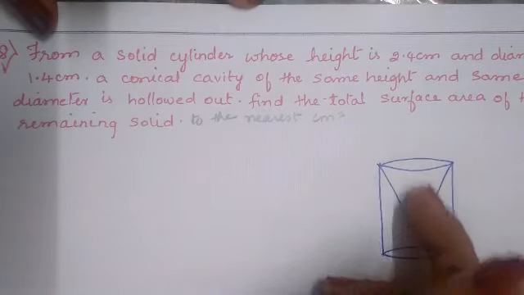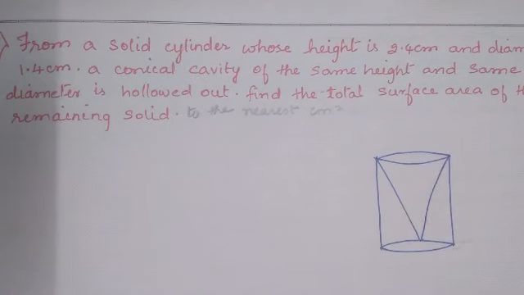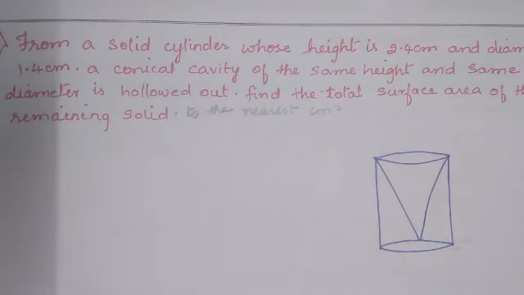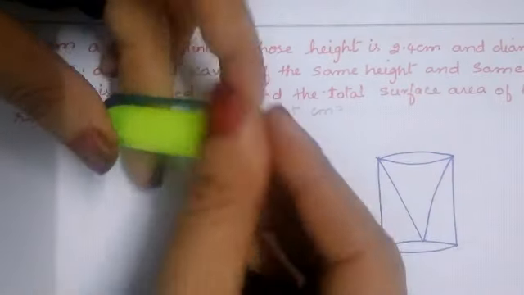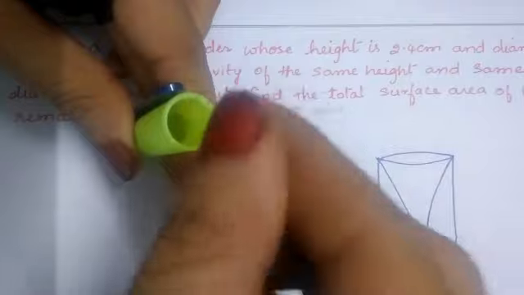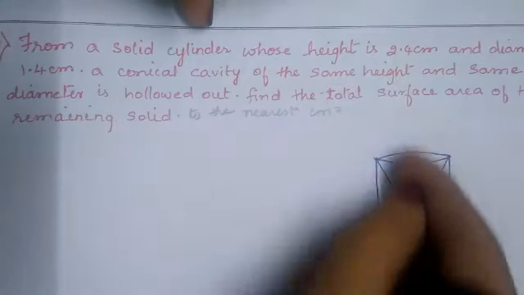That means a cone is removed from the solid cylinder. For example, we will take the example of clay. We have made a cylinder with clay. From this cylindrical shape, they have removed the cone out, like a cone shape is taken, hollowed out.